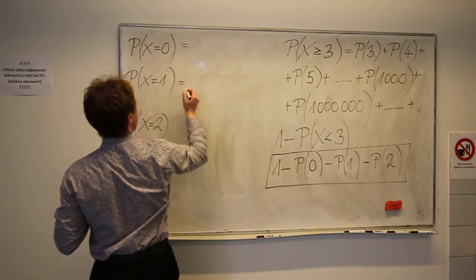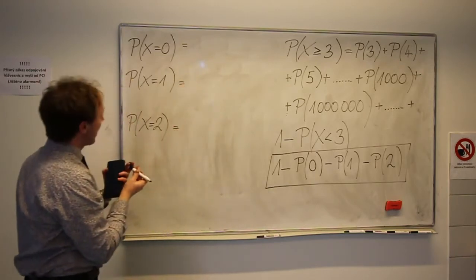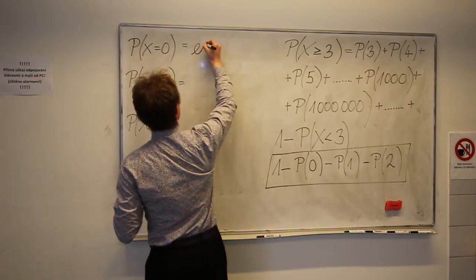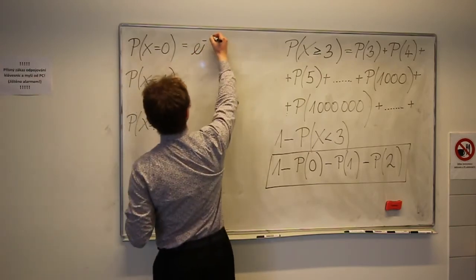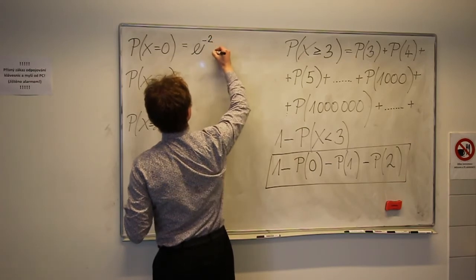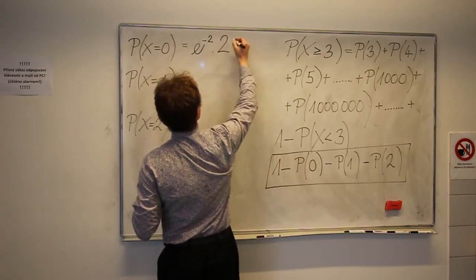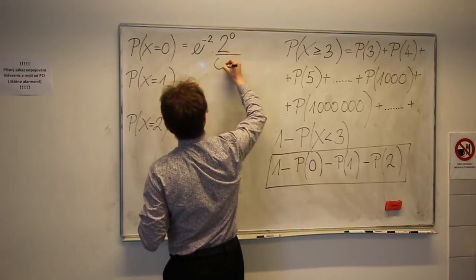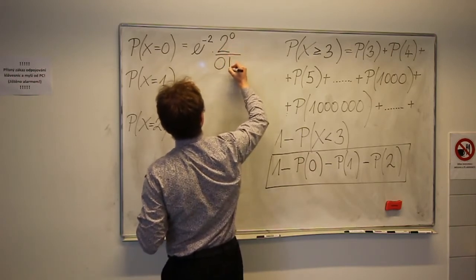Okay, here, here, and here. Yes, 3 probability functions. So, Euler powered by minus lambda times lambda powered by x divided by x factorial.